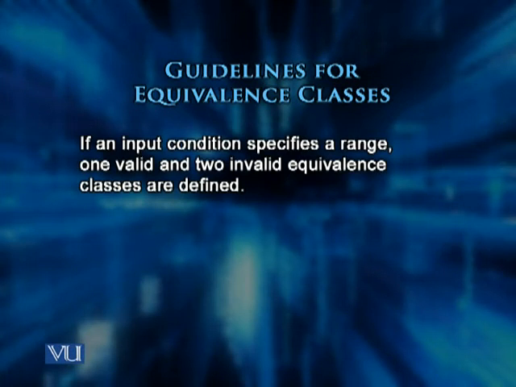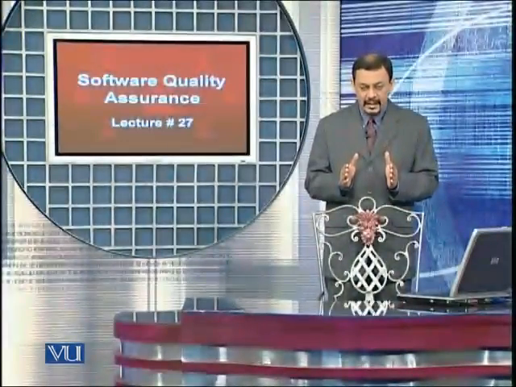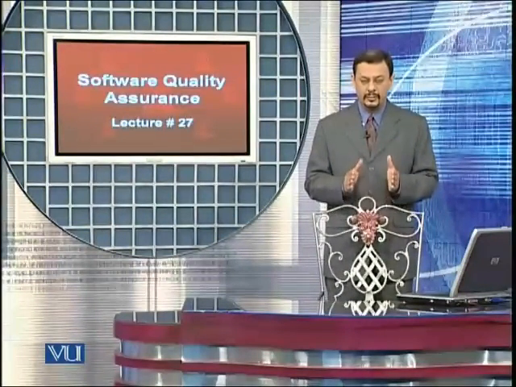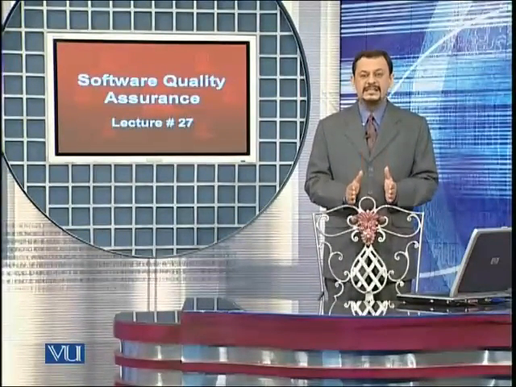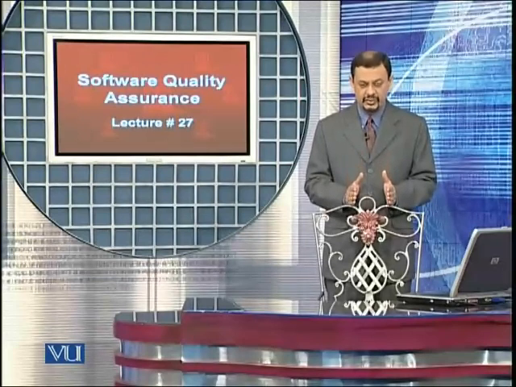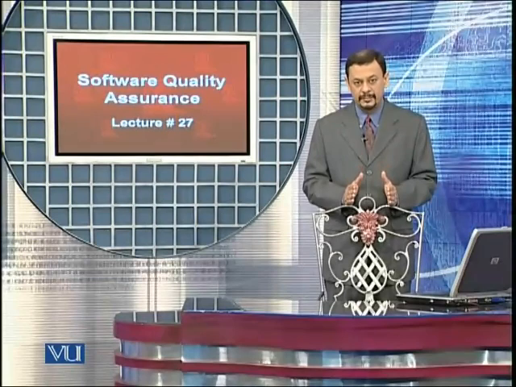If an input condition specifies a range, one valid and two invalid equivalence classes are defined, because you have a range of, let's say, numbers. And so you would need certain input data that lies inside that range, that is valid input.